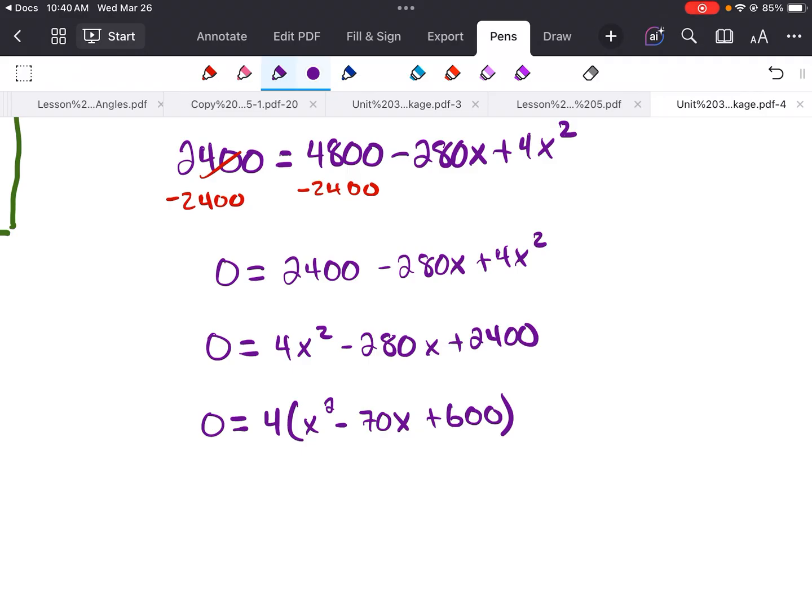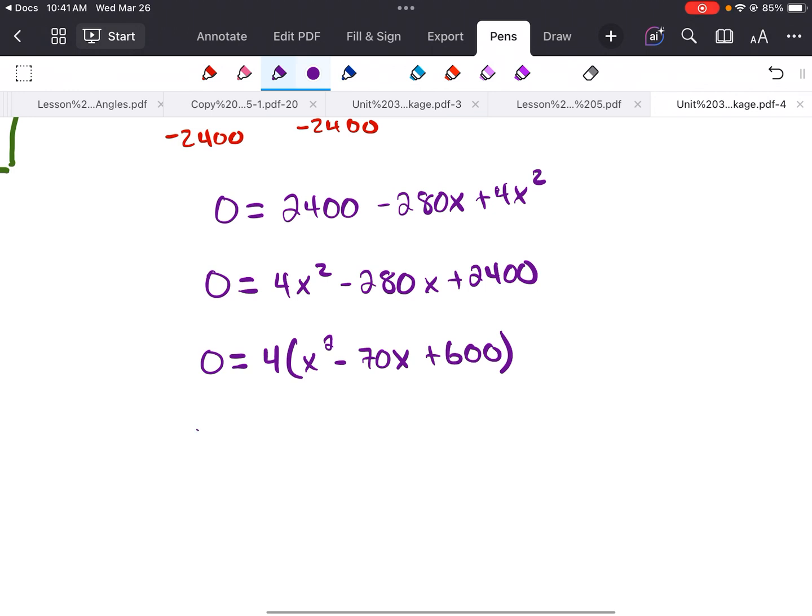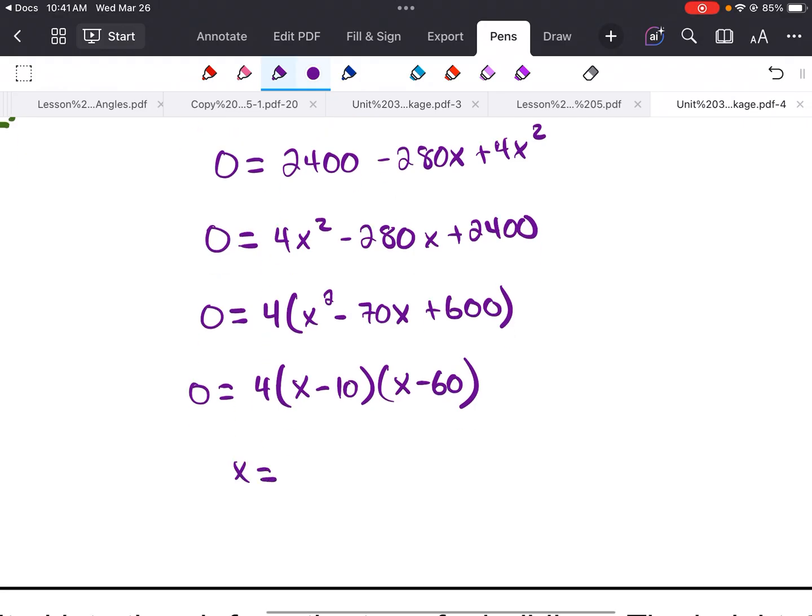We need all the multiples of 600 that add to 70. Luckily, it's one of the first ones you think of, so we get x minus 10, x minus 60, because 10 times 60 is 600, 10 plus 60 is 70, so that means the widths can be 10 meters or 60 meters.